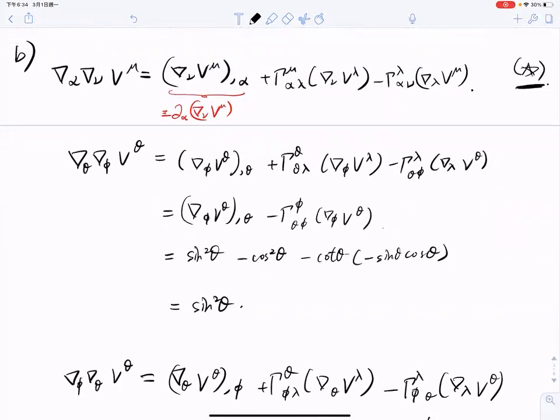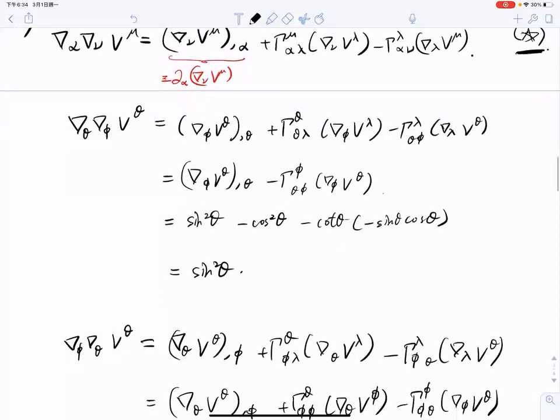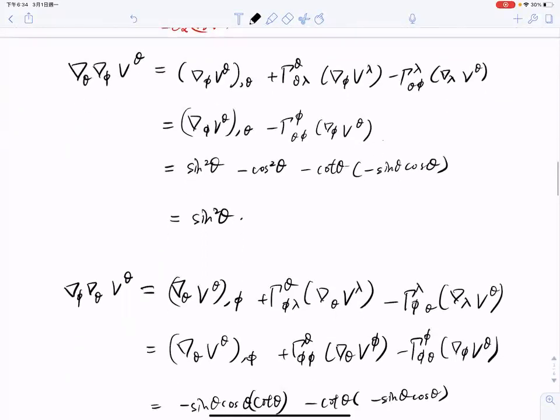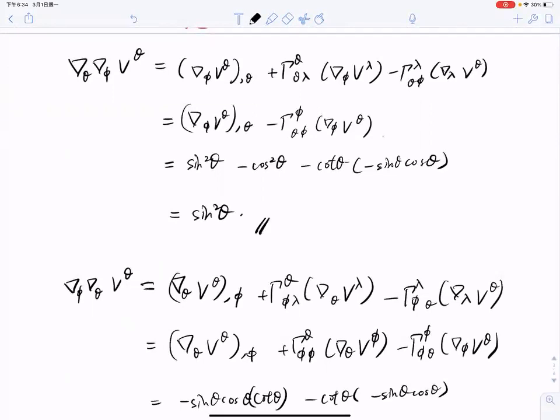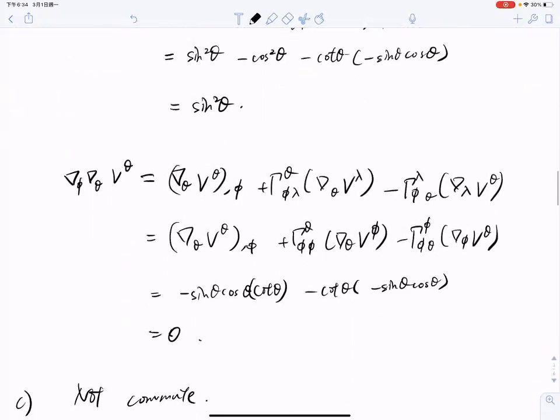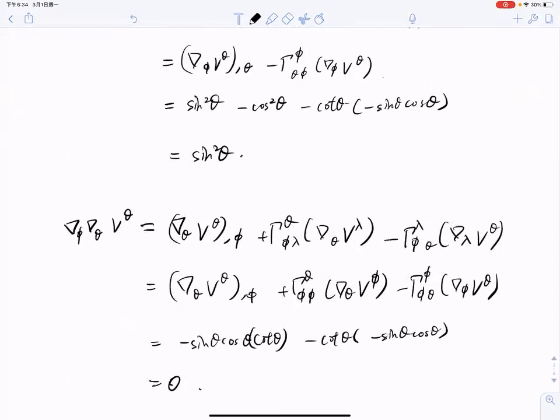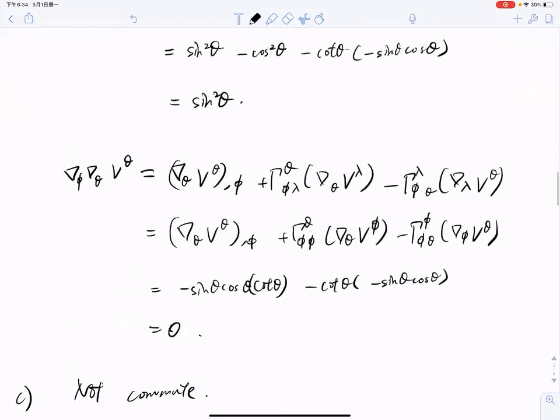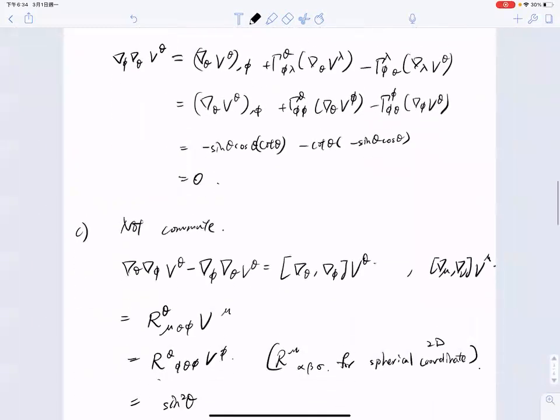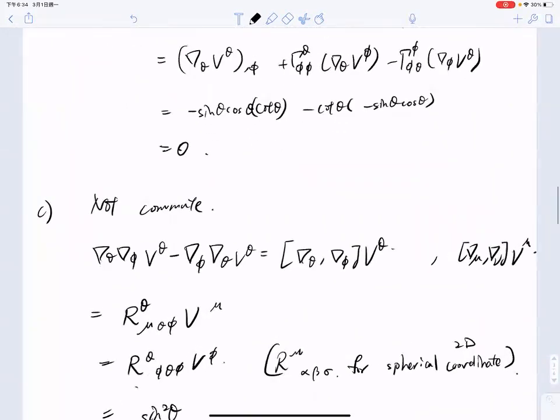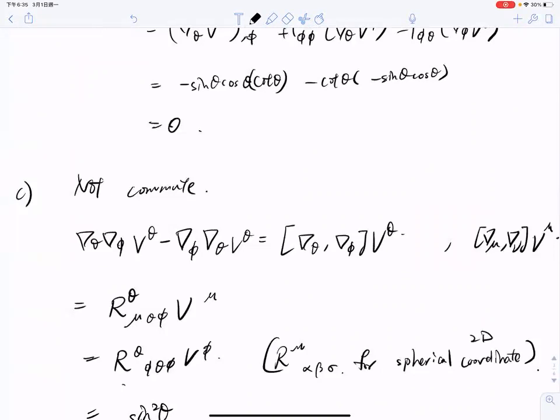The star expression you can derive by yourself. After the calculation and plugging in the different answers, you obtain sine theta squared, and the other ordering is equal to 0. Part C asks whether they commute with each other. Obviously, they do not commute.